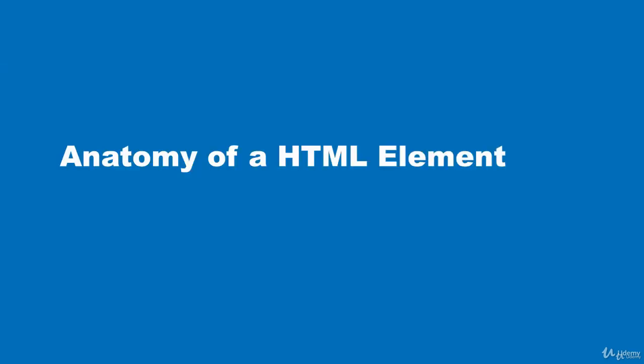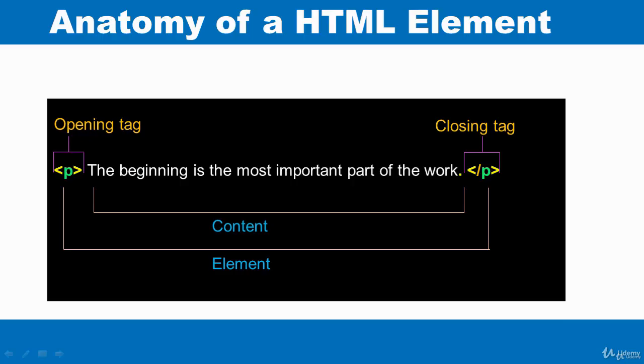Let's take a look at a basic illustration of the anatomy of an HTML element. So this is a basic illustration of an HTML element with several parts. The HTML element basically consists of an opening tag, which is this P here.